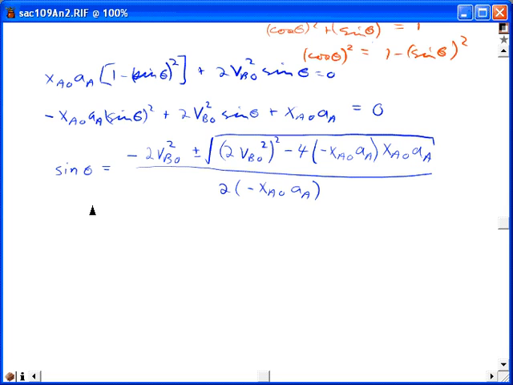And then I'm going to take the arc sine of both sides to find out what theta is. So it's the arc sine of all of this stuff. And I've got a 2 squared, which is a 4 there. Factor that out, take it outside the square root, and it becomes a 2. I divide that 2 into it, get rid of it. Divide that 2 into it, get rid of it.